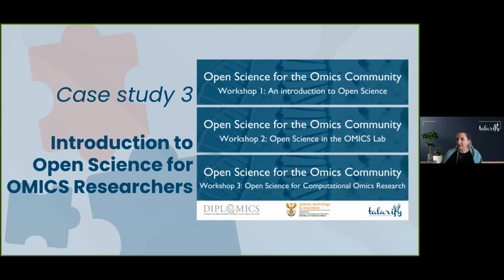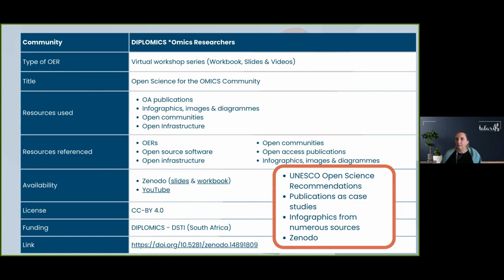The third case study is something that we did very recently, and this was a series of workshops that we created for the Diplomics Omics community. It was really targeted at people who are quite new to open science. We developed 3 workshops. The first one was an introduction to open science, which is very generic, but we tailored it to the South African audience.